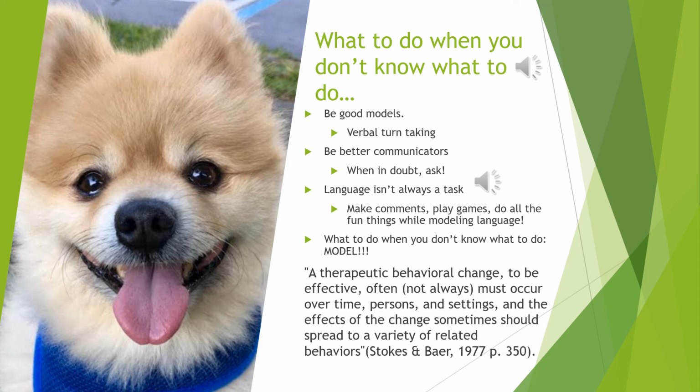As you figured out by now, I like to solve problems before they're problems. So here's what to do when you don't know what to do. Be good models. The things that we expect as neurotypical people, we should also model for our kiddos.